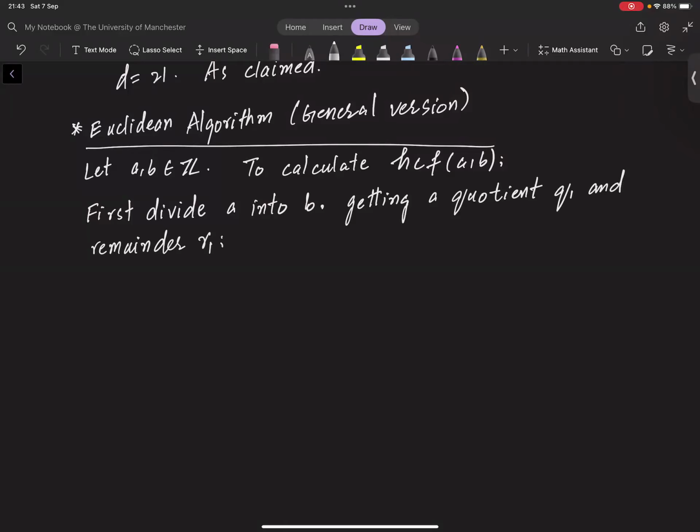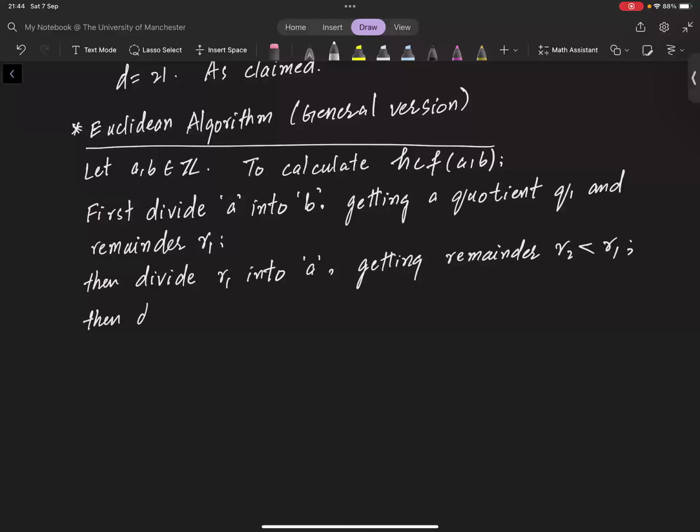Then divide R1 into A, getting remainder R2, with R2 less than R1.